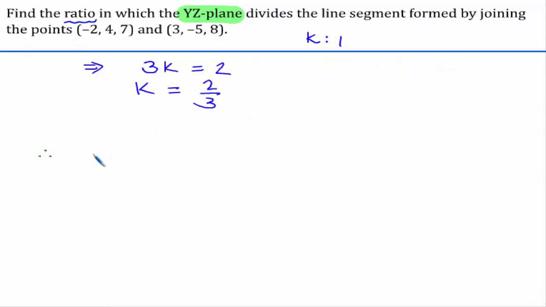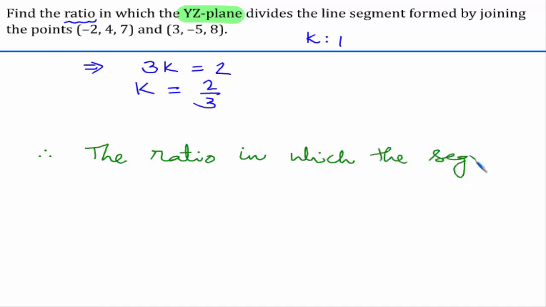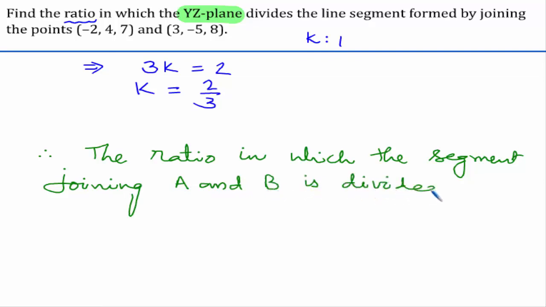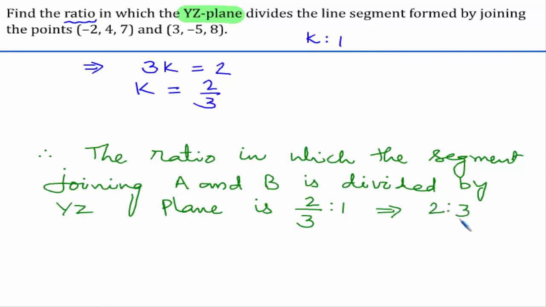Therefore the ratio in which the segment joining the 2 points A, B is divided by the YZ plane is k is to 1, therefore it is 2 by 3 is to 1, that implies 2 is to 3.